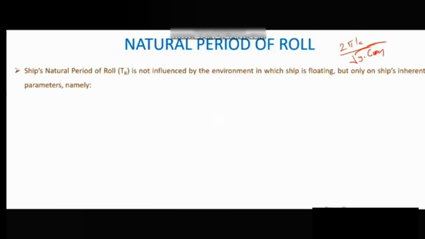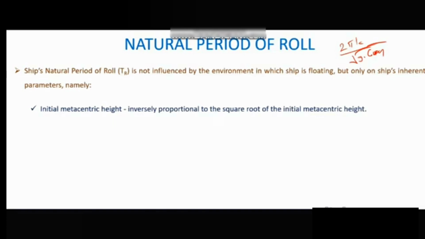What are the inherent properties? One is the radius of gyration, which will depend upon how the weights are distributed about the axis of roll, and it will depend on the GM. It depends on the metacentric height and on the radius of gyration about the axis of roll.